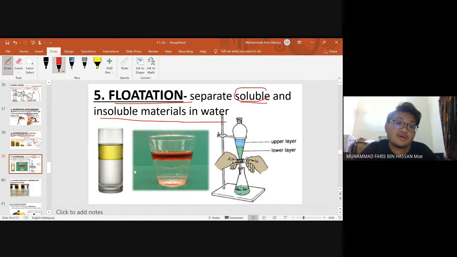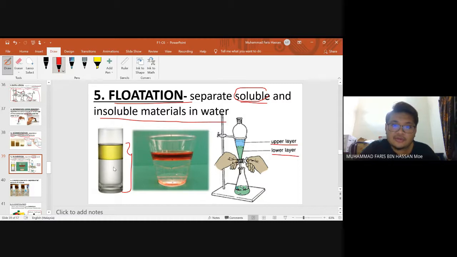Because of the different density between the oil and the water, the oil will form the upper layer like this, and the water will form the lower layer, because the oil is less dense compared to the water, which is more dense.